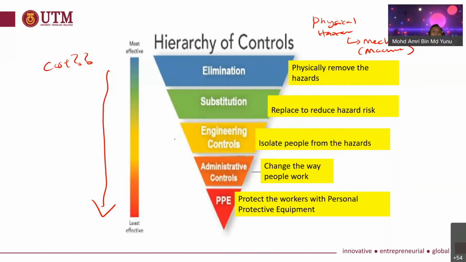If we choose engineering control, it means we put isolation measures, guarding. We have seen yesterday methods of guarding, point of process guarding, which means we put a fence around the machine, or we put something that restricts the reach of the operator.